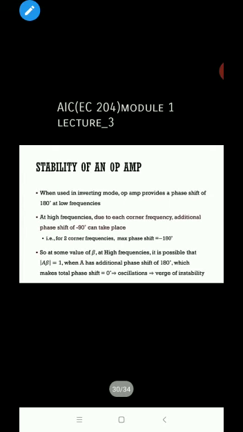When used in inverting mode, the op-amp provides a phase shift of 180 degrees at lower frequency. At higher frequencies, due to each corner frequency, an additional phase shift of minus 90 degrees can take place. That is, for 2 corner frequencies, the maximum phase shift equals minus 180 degrees.